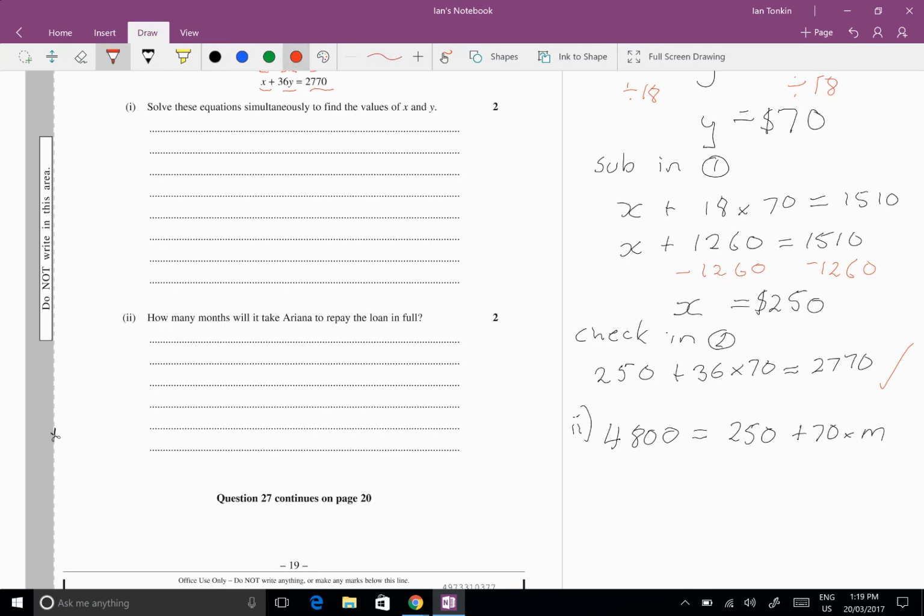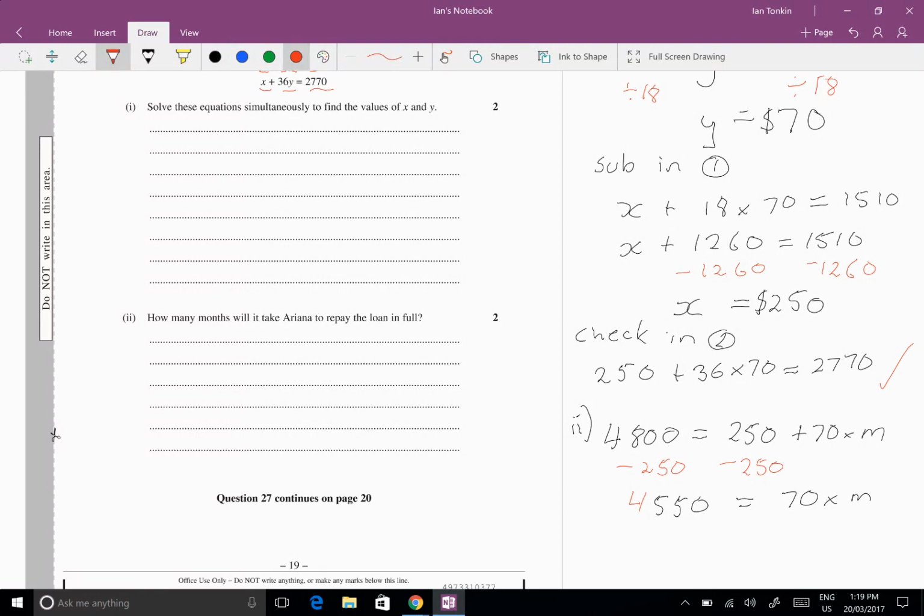Now, I know you can do this in all sorts of different ways, but I'm just going to do it via an equation. I'm going to minus the 250. And if you did this without using an equation, you'd have to explain your steps. 4,550 has to be repaid in however many monthly payments of $70.